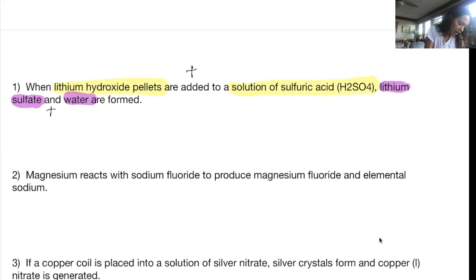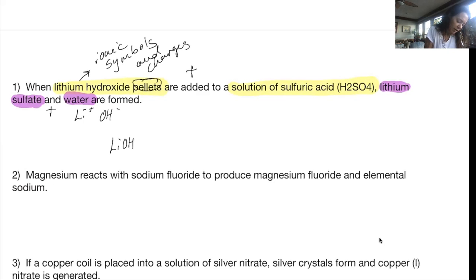Lithium hydroxide, this is ionic. We need symbols and charges, all right? Well, I happen to know that lithium is a +1, hydroxide is a -1, therefore lithium hydroxide is LiOH. The fact that they're pellets means it's a solid.